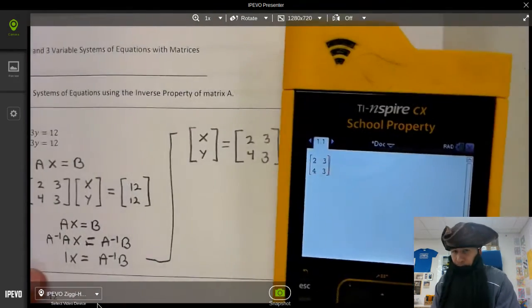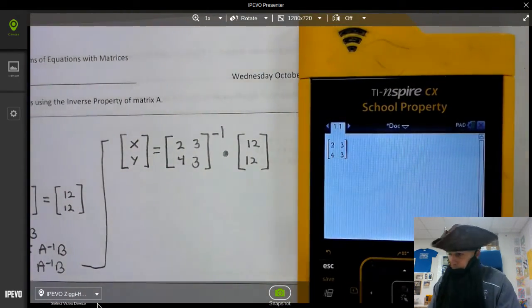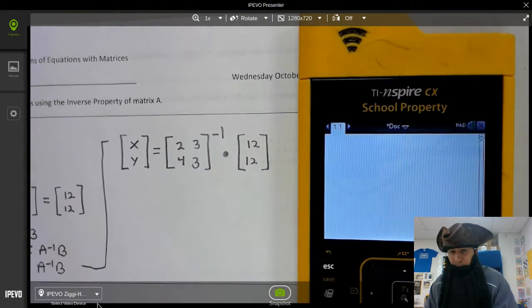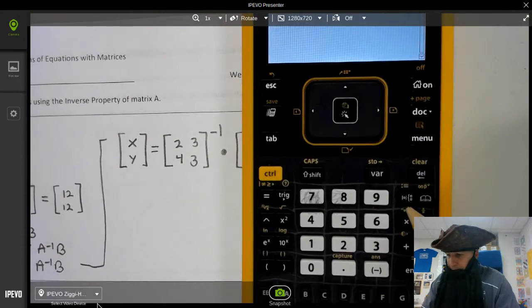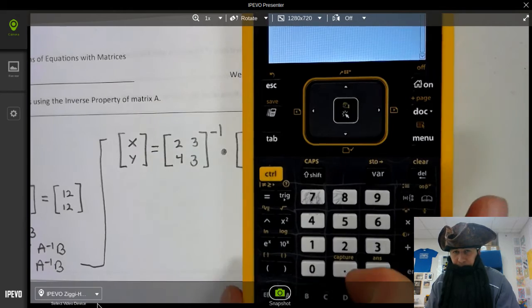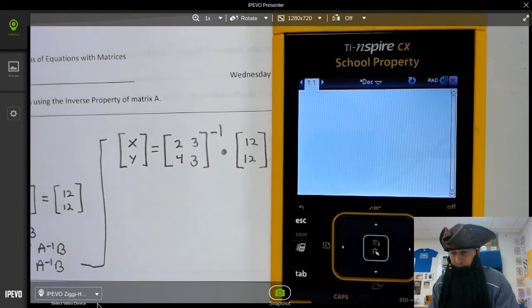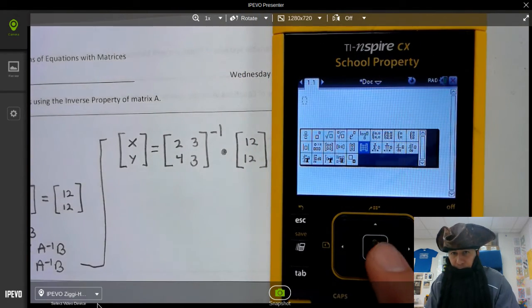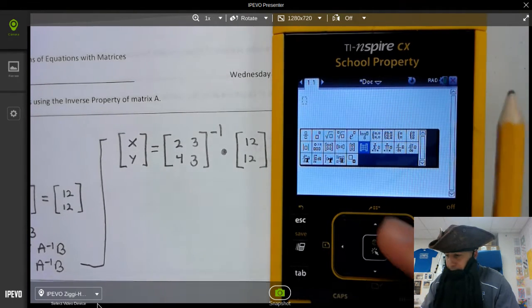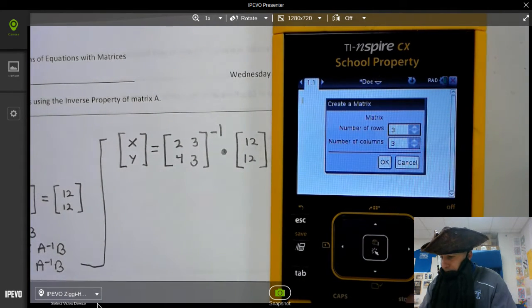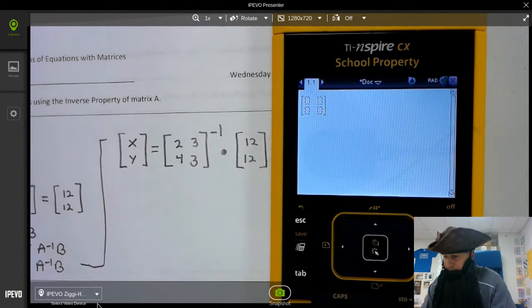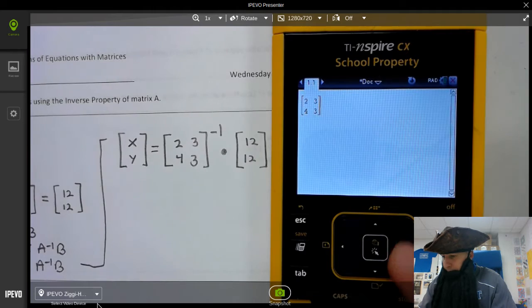All right, so to put this in our calculator, we're going to press this button right here next to 9. So we press that. We're going to go to this right here. Now our first matrix is a 2 by 2, so we're going to put 2, tab 2, and so that's 2, 4, 3, 3, but we want the inverse.